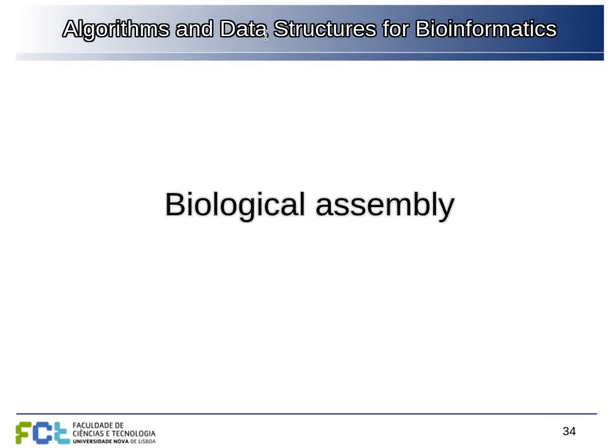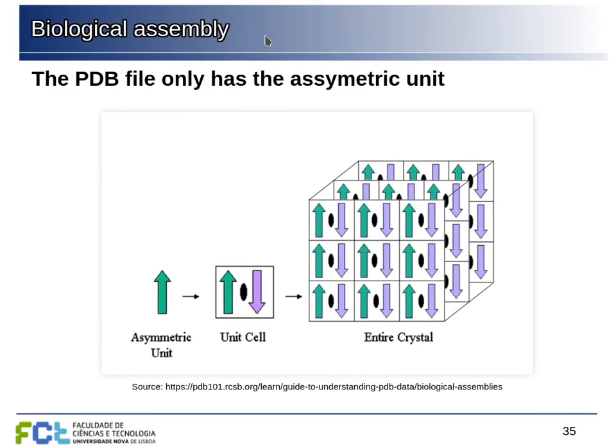Now, one important thing, if you're actually using the structural data to do something with the protein, is to understand that what you have in the PDB file is the asymmetric unit. This is the smallest set of coordinates from which you can, by rotation and translation, create the unit cell, which is then repeated by translation in the entire crystal.